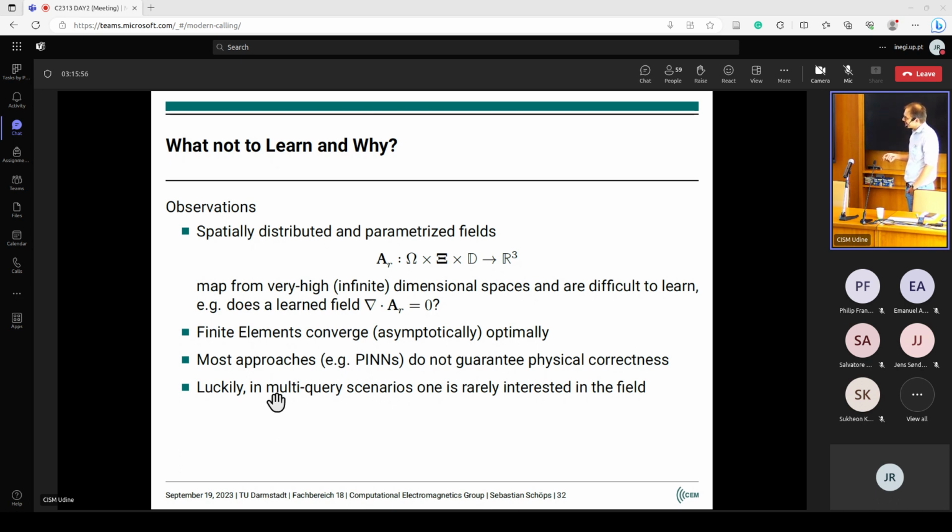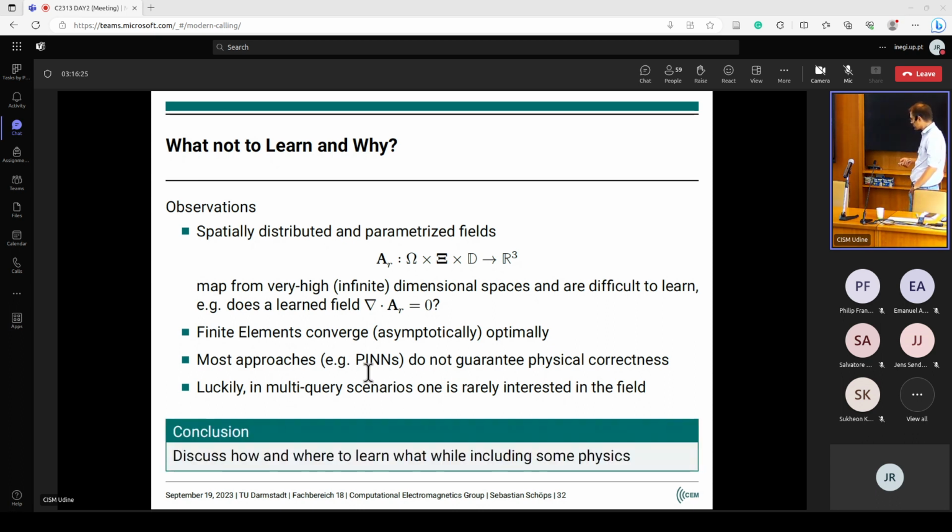So my claim is that what you want, right, is to have fields or a field visualization maybe for a specific design. For one design, you want to have a look at it. Then a human is interested, and you need high quality. But if you do optimization on large parameter spaces, I don't think you want to do this. That's my claim. And luckily, you don't need this. In multi-query scenarios, nobody is going to look at all those fields you may be able to compute.